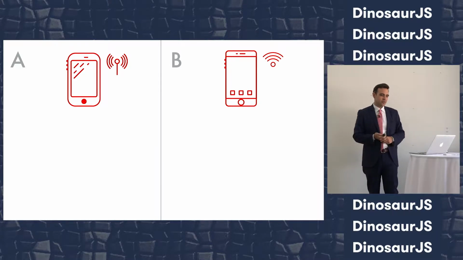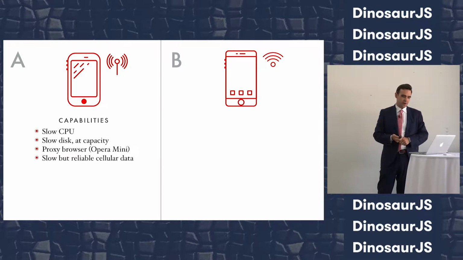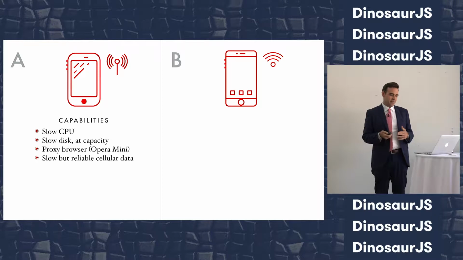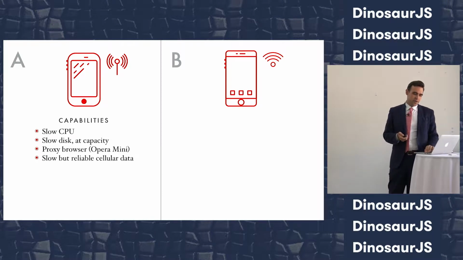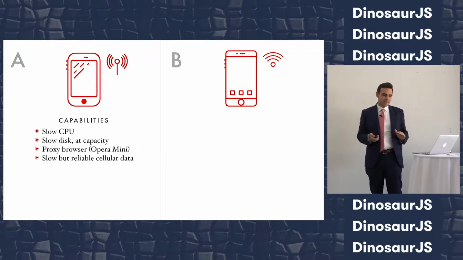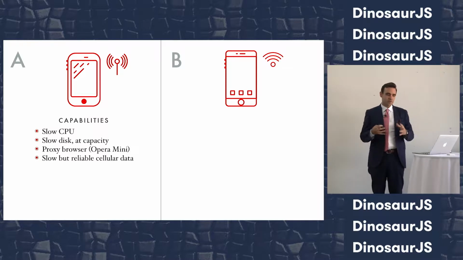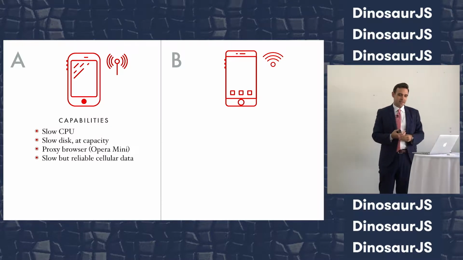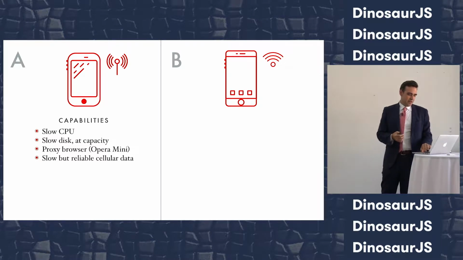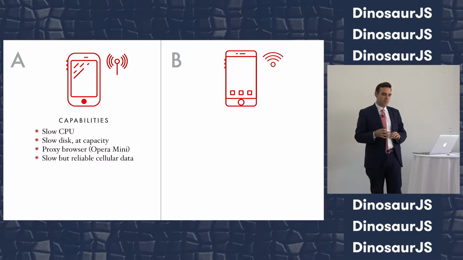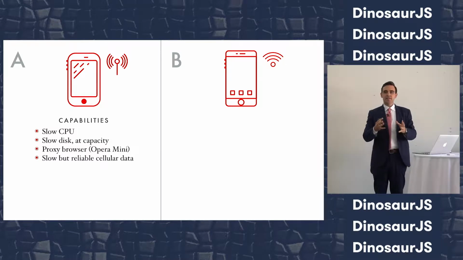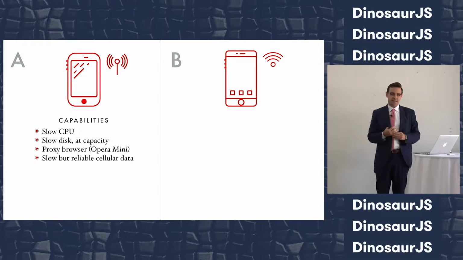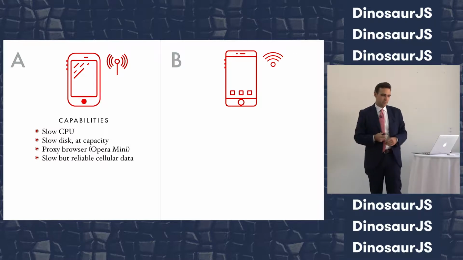Let's imagine these two scenarios. User A, there on the left, has a very low-end smartphone with a CPU that easily overheats and flash storage that is so slow that it's borderline useless. And in fact, the flash drive is full, so it really is useless. Now, this person's data connection is quite slow, so they use a browser like Opera Mini, which uses a proxy to heavily compress all of the assets that it downloads before they even get to the phone.